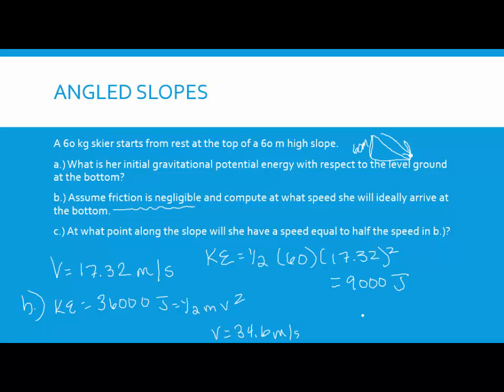If her kinetic energy is 9,000 joules, then the difference between what her potential energy was at the start and this kinetic energy is going to be her potential at that moment. So her potential energy would be 27,000.